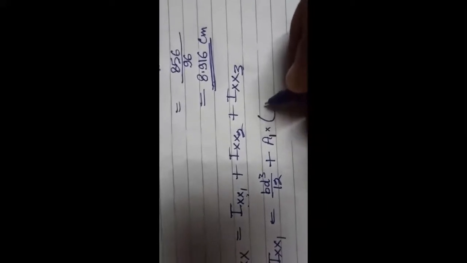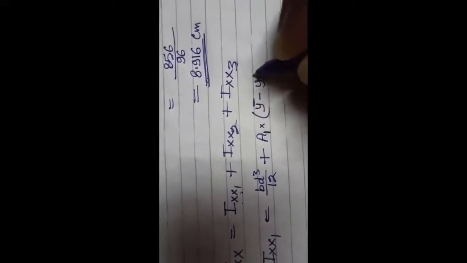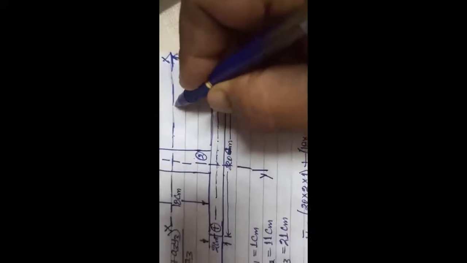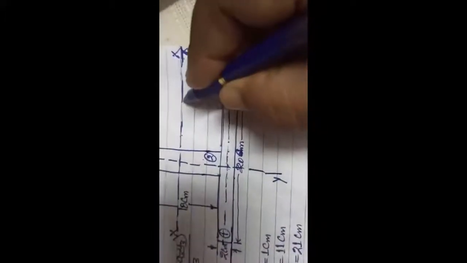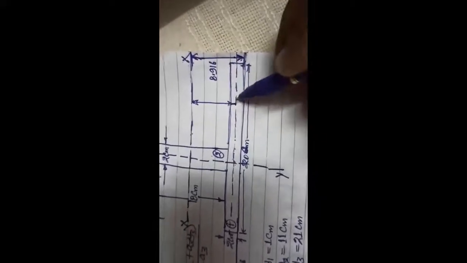So distance is (y bar minus y1) whole square, because we are requiring this distance. Between this line and this line, we are requiring this distance because we are transferring from here to here.